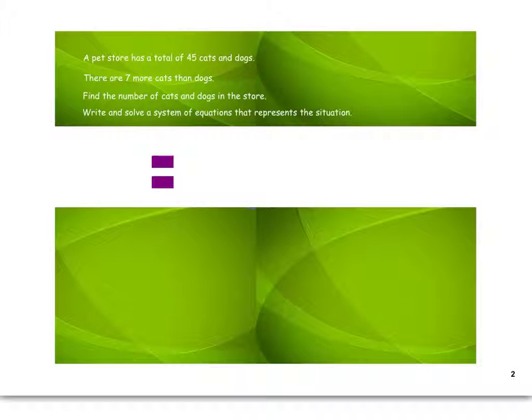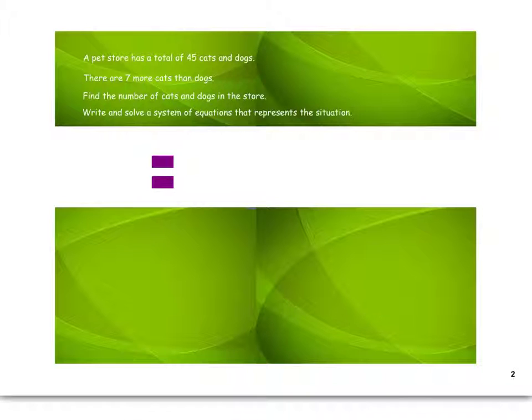So now that we have a little bit of experience putting equations onto a situation, let's talk about a little bit more complex of a situation. A pet store has a total of 45 cats and dogs. There are 7 more cats than dogs, and we want to know the number of cats and the number of dogs in the store.